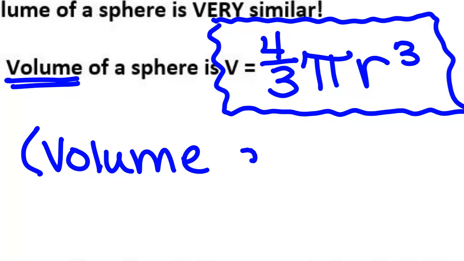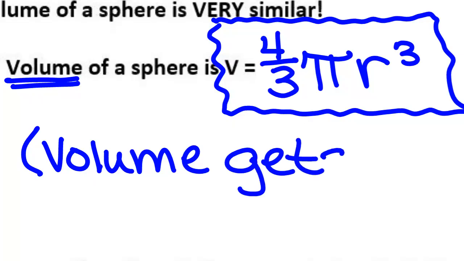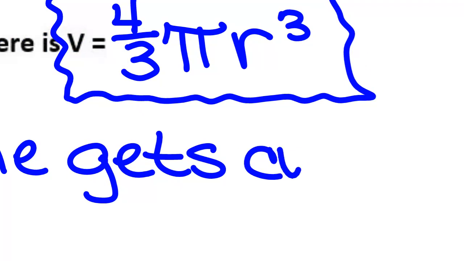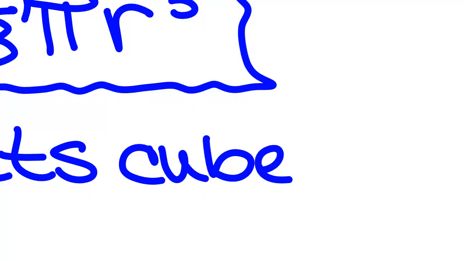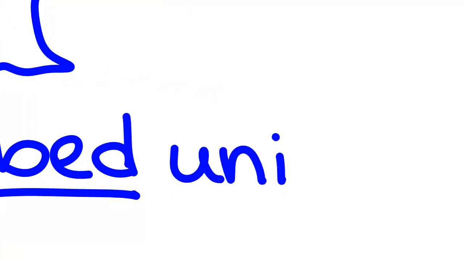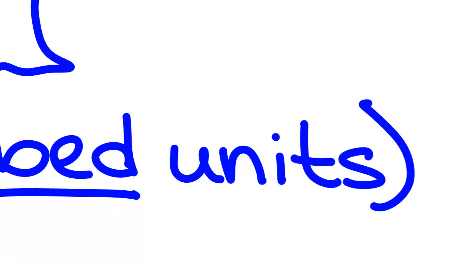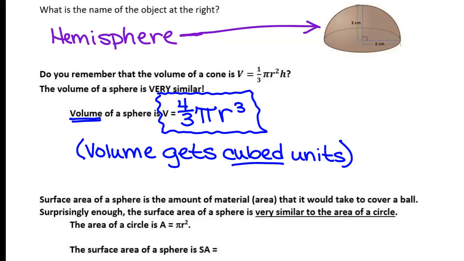Volume gets cubed units. Four-thirds pi r cubed. And if we have units at the end, like centimeters, if I found volume, that would be centimeters cubed. Volume always gets cubed units.